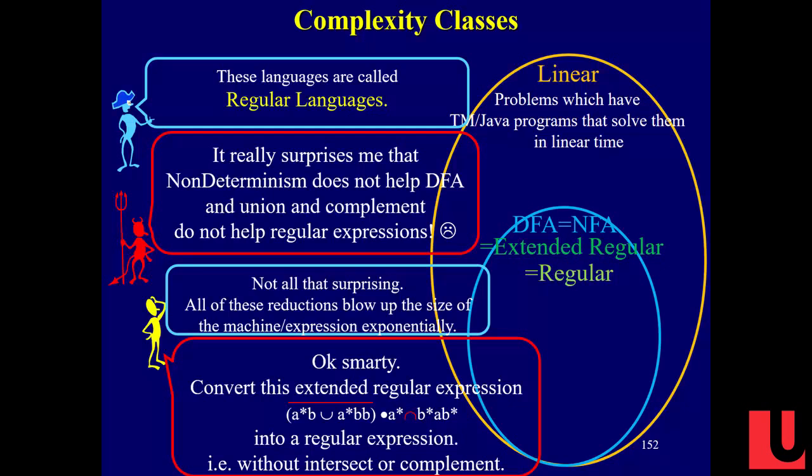Remember, it has an intersection and a complement, which makes it generalized. So that means you should be able to write the same language using a regular expression without the complement and without the intersection, right? So then I thought, well, should I do such an example?